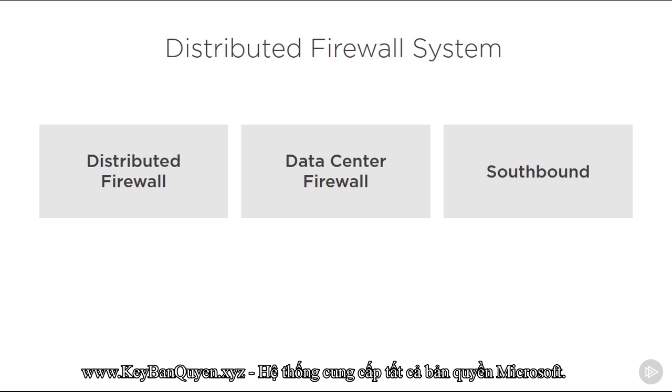The software-defined network allows us to have all the features that were in the public Azure now on premises with your Microsoft Windows Server 2016. Once again, southbound traffic, that's between your virtual machines, your hosts, and your software-defined network.